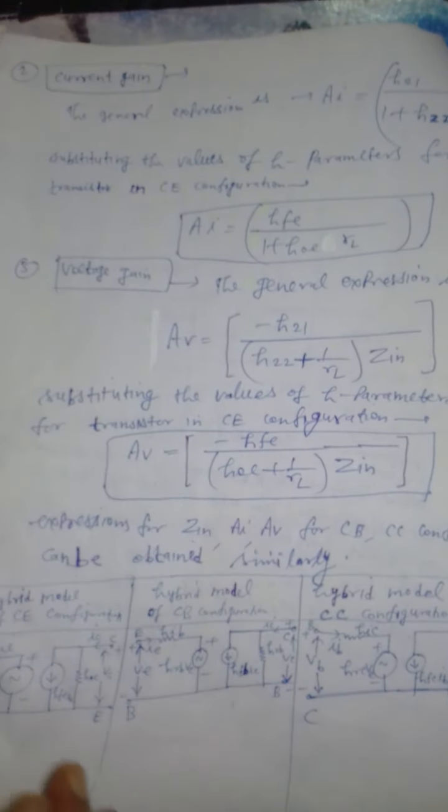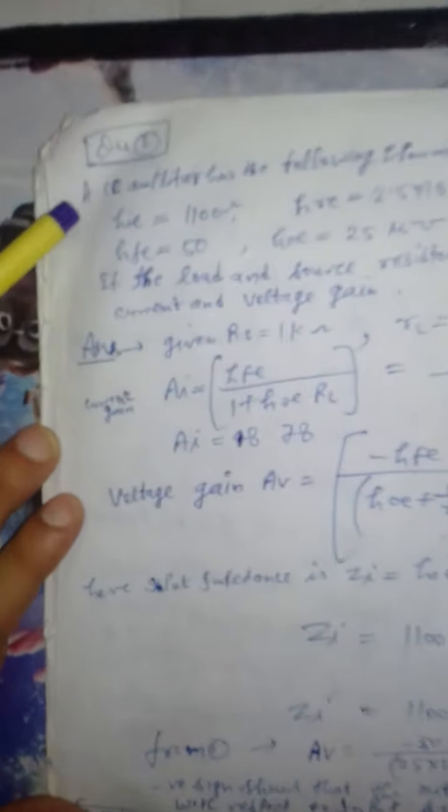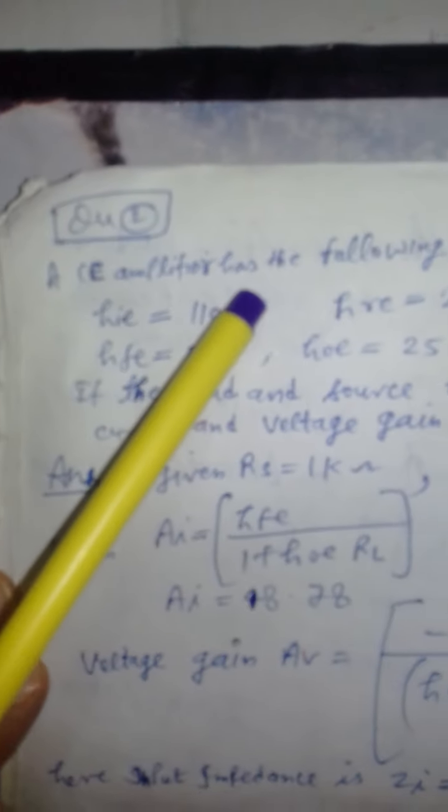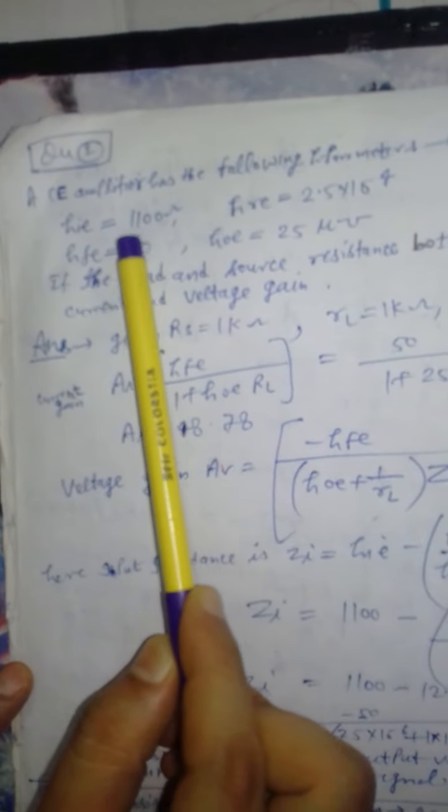Now let us see how the examiner will ask the numericals. You will be asked to calculate these parameters: input impedance, current gain, voltage gain, etc. See here, in this question he has given you a common emitter amplifier. The common emitter amplifier has the following parameters: Hie, that is input impedance, given as 1100 ohm.